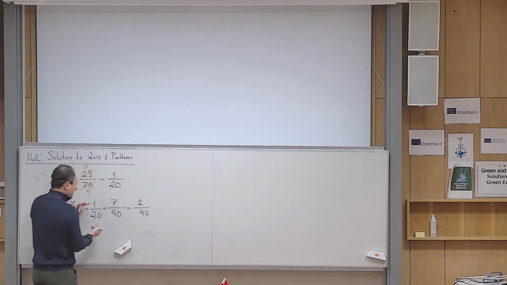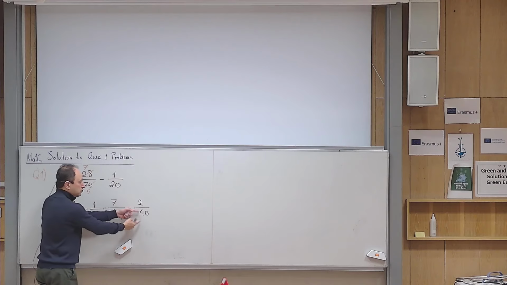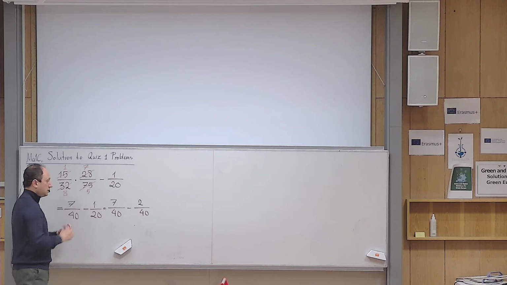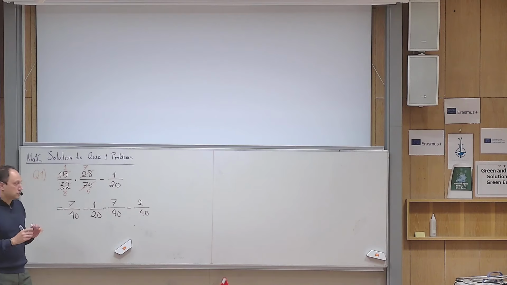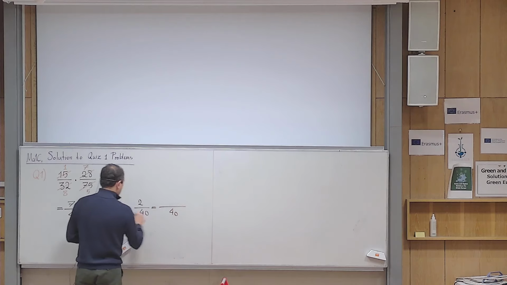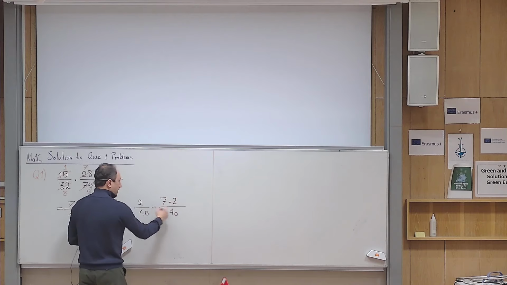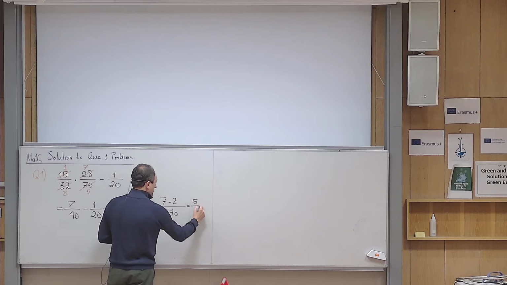So in other words, I am rescaling this fraction by a multiple of 2. On the one hand, I am not changing anything because 2 over 40 is the same number. On the other hand, I have the same denominators, so I can put the same denominator 40 and subtract these numbers because that's subtraction. So 7 minus 2. So the answer becomes 5 over 40.